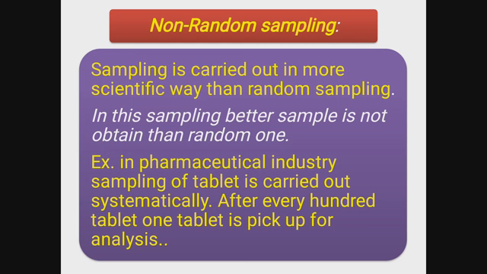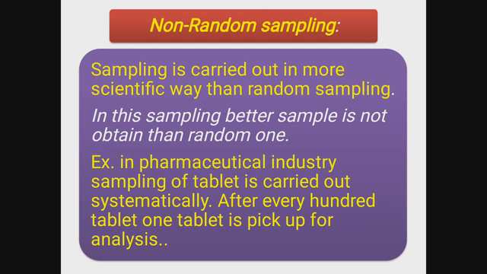Suppose here one example is given: we are selecting tablets from every 10th tablet made by a tableting machine as a sample. It means we are making 100 tablets, then after some interval, that is the 10th interval, we take 10 tablets.